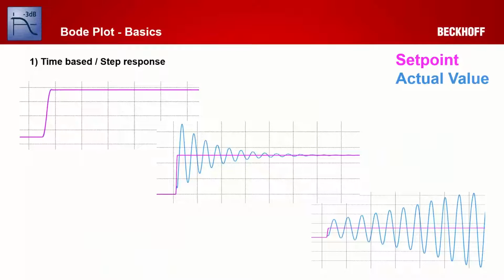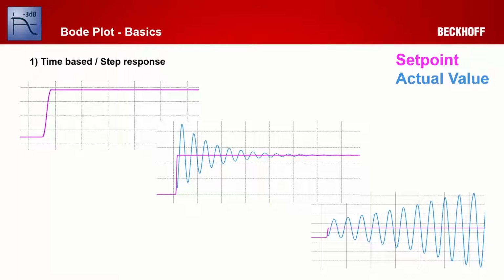One option is to check this time-based, for example, with a step response. We have here on this slide 3 pictures. On the left side, there is a step response where you can see this is a nice behavior. The actual value is exactly on the set point value. The reaction is perfect, but in the middle you see another behavior.